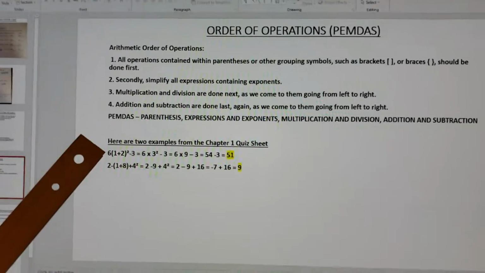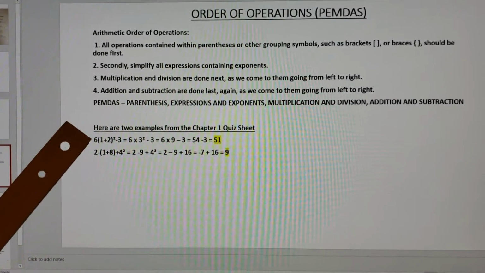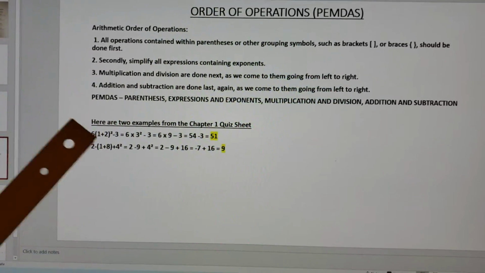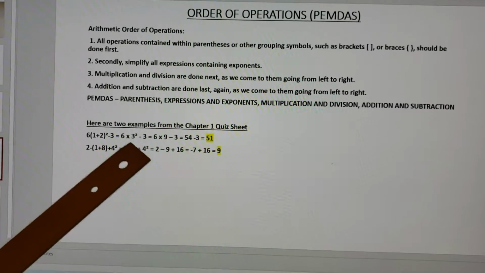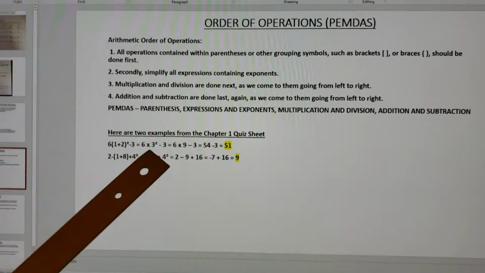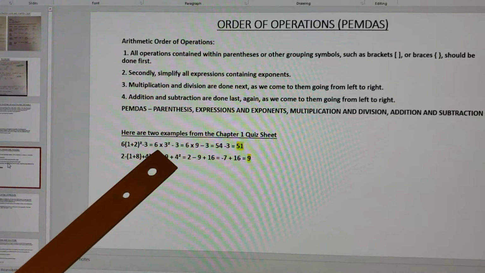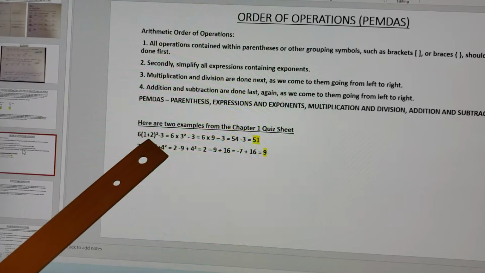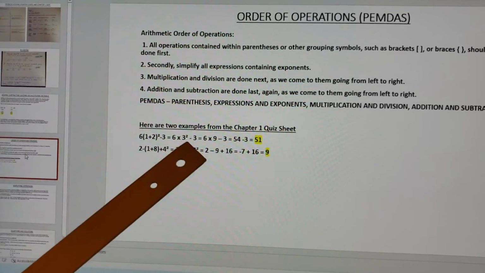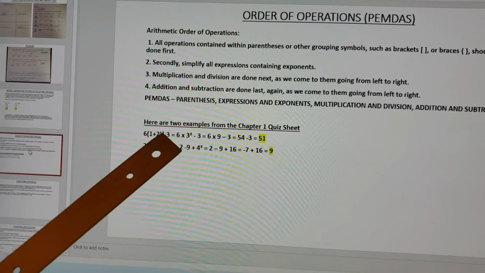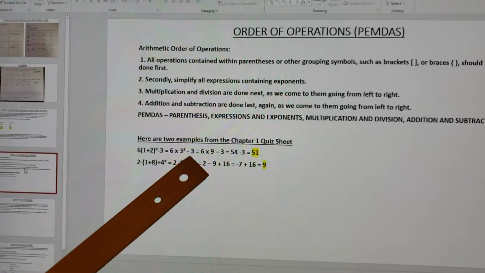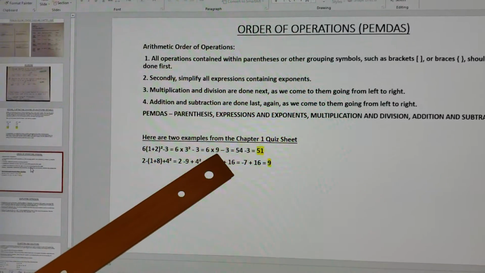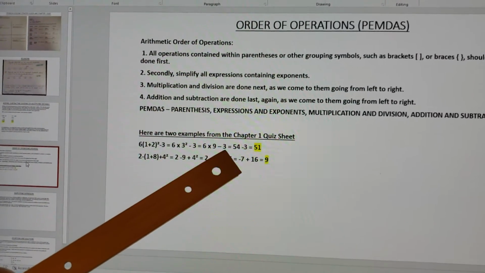So you can see here, these are my problems. 6 times 1 plus 3 squared minus 3. And I rewrote the problem right here as 6 times 3 squared minus 3. You can see right here, I added 1 plus 2, and that became 3 squared, minus 3. And from there, I rewrote it again. It became 6 times 9 minus 3.